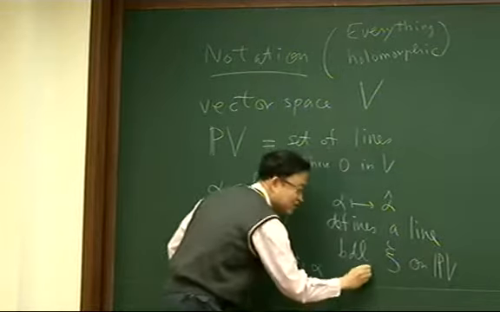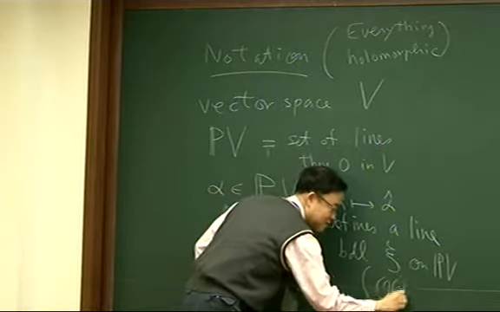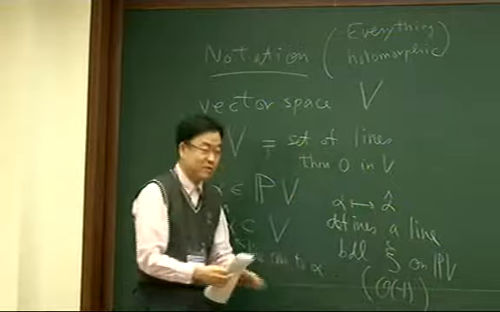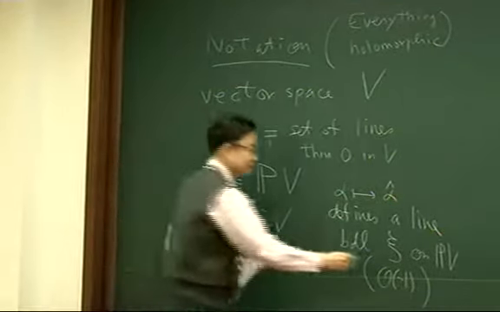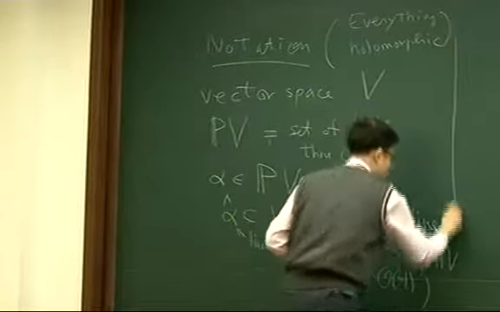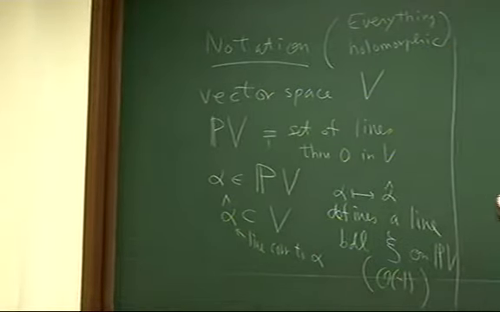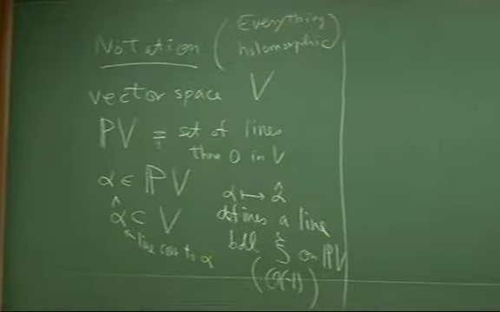And in algebraic geometry, this is the line bundle O minus 1. But if you are not familiar with this, this is a tautological line bundle. That's the notation.